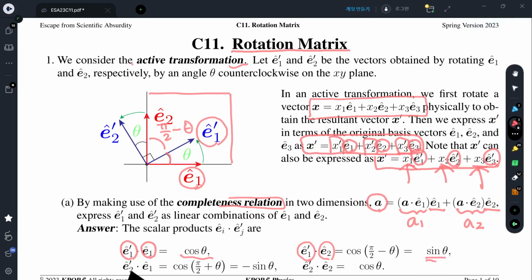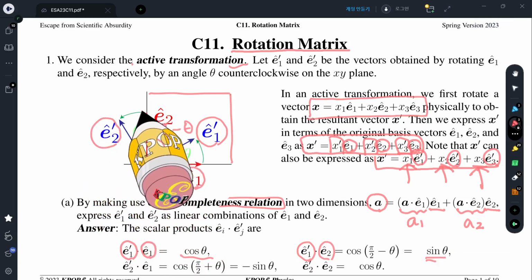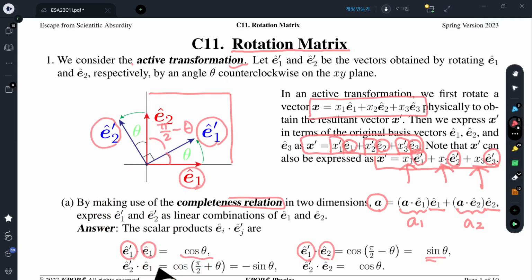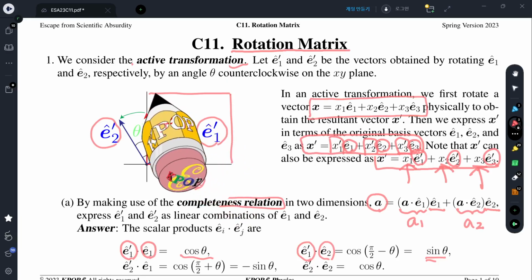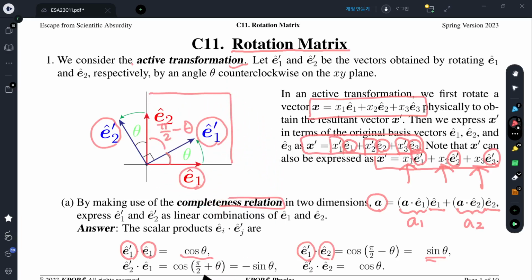Okay, next we consider E2 prime and E1. E2 prime is here. It has been rotated from E2 by an angle of theta. The angle between E1 and E2 prime is, because it is a right angle, 1/2 of pi plus theta. Therefore, it is minus sine theta.